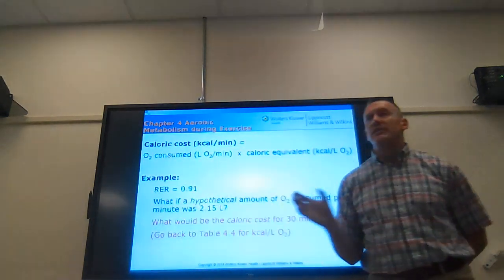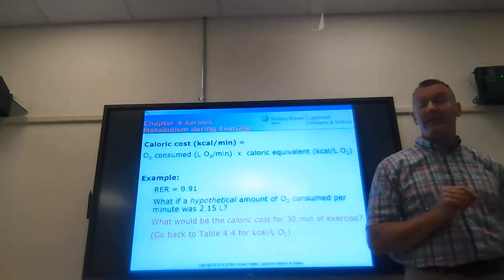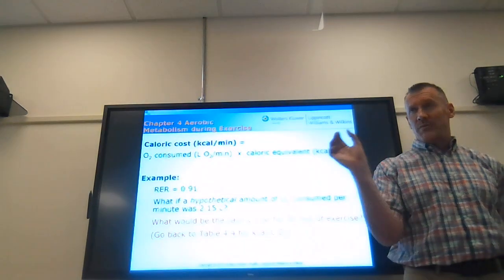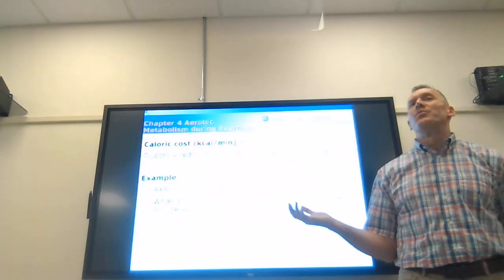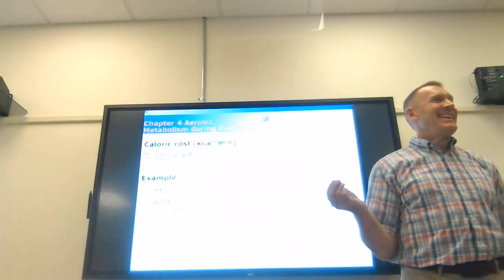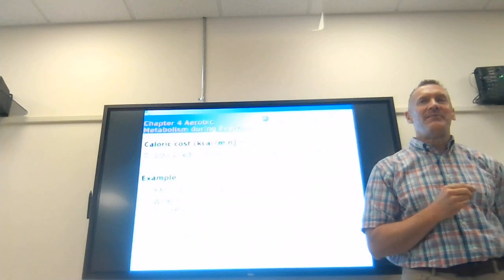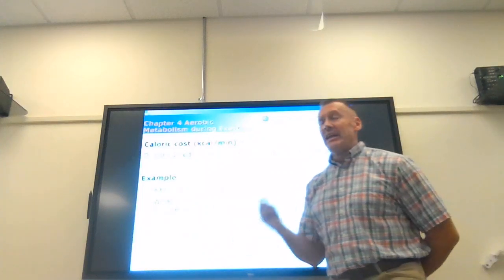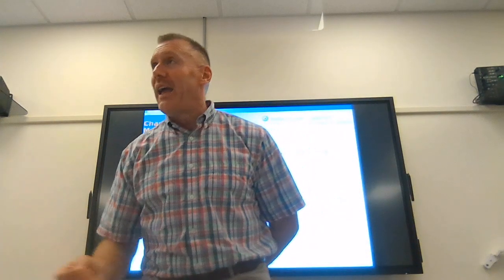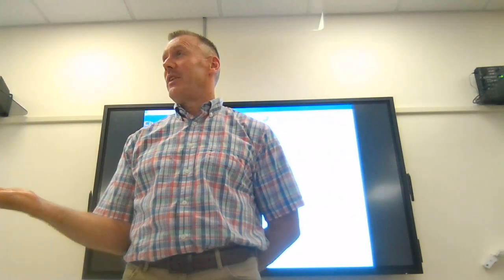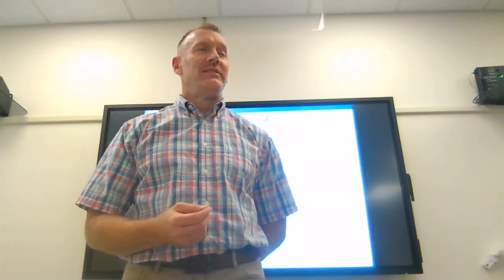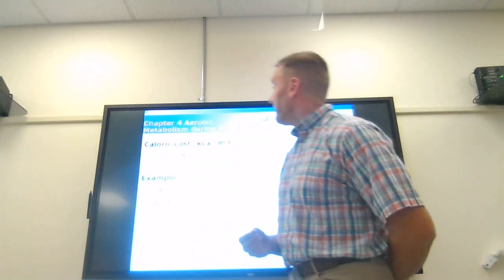How many of you have looked at the readout on an exercise machine and you see calories per minute? And typically an exercise machine will have you enter what? Your weight. That's right, because for a given exercise intensity, the more you weigh means what for calories? At a given intensity, the greater your body mass, the more calories you expend. Yeah, so that makes sense. So we'll get to that.